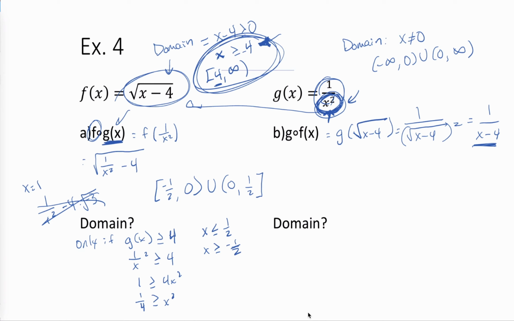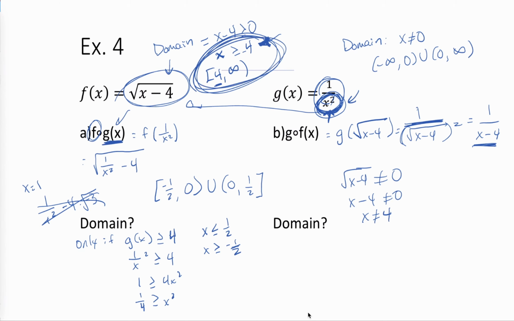Now, in g of x, we can't have anything that divides by 0. So the square root of x minus 4 can't be 0, which means that x minus 4 can't be 0, which means that x can't equal 4.